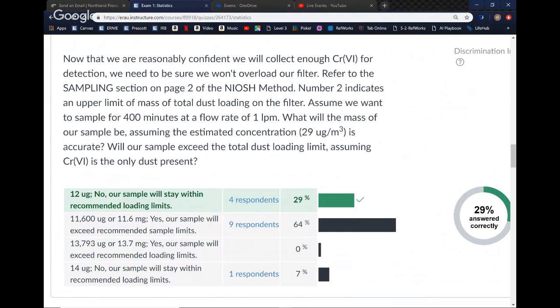Our target is the mass. We want to know what our mass is, and then compare it to our upper limit, which was 1 milligram. I'm going to plug that in here, so concentration is mass over flow times time.